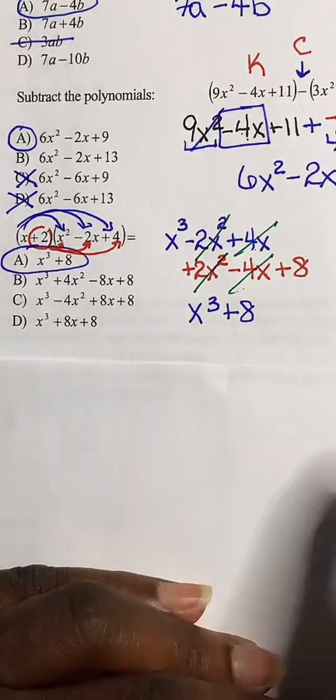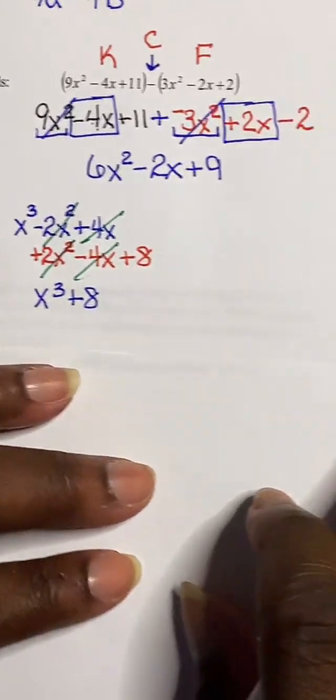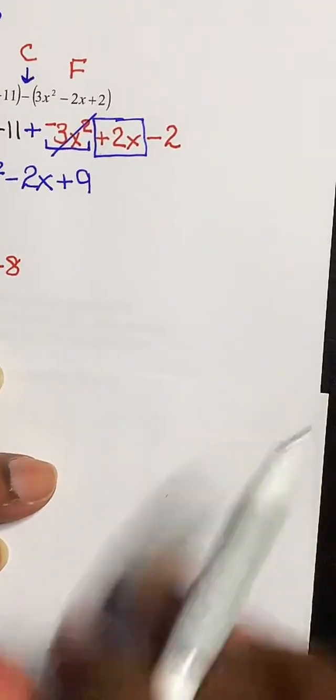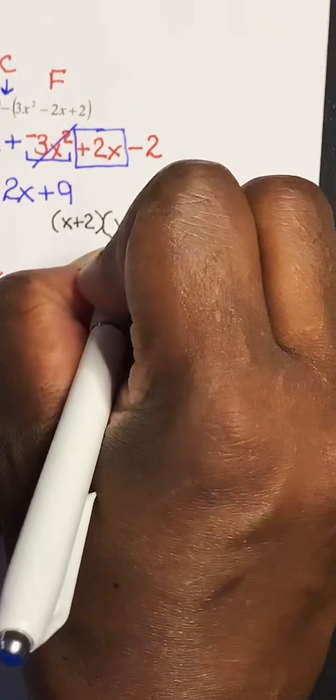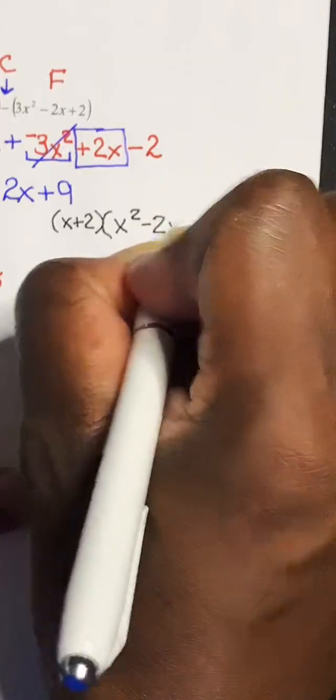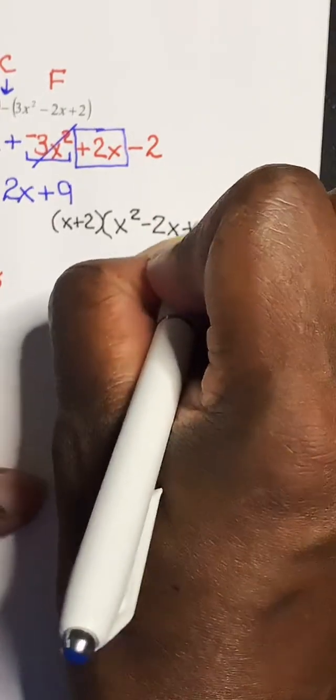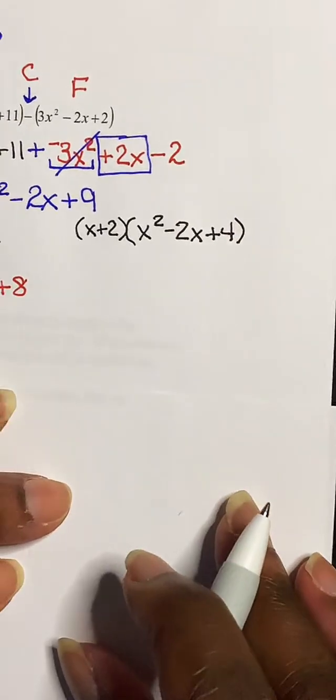So this is what's happening. Your first parenthesis, remember I said it was a binomial, it has 2 terms. Your second parenthesis is a trinomial, it has 3 terms. So what we're going to draw based on that terminology, let me rewrite it up here.